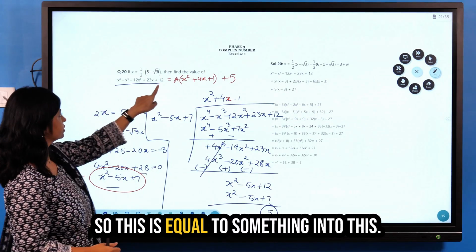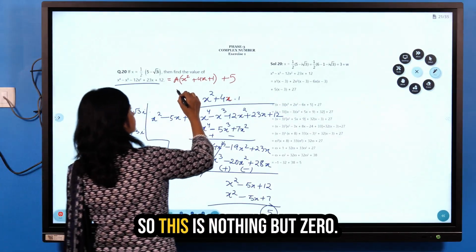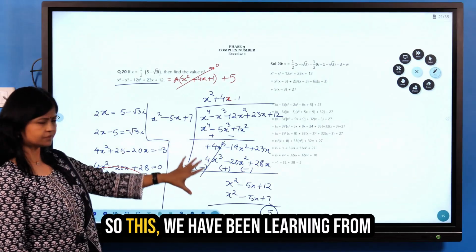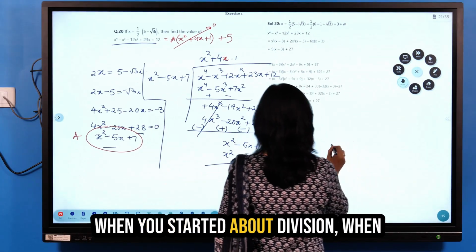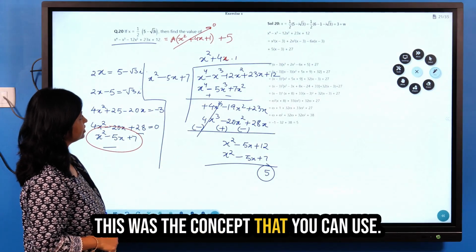So this is equal to something into this, and we know the value of a is 0. So this is nothing but 0. The final value is going to be 5. This we have been learning from when you studied division of polynomials; this was the concept that you can use.